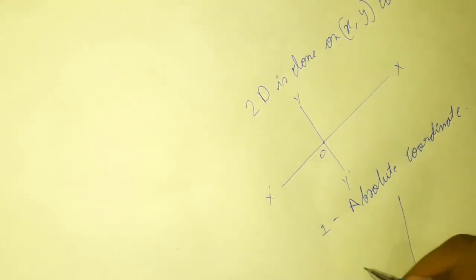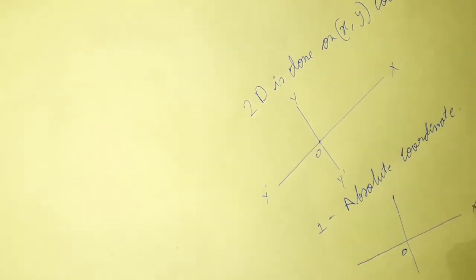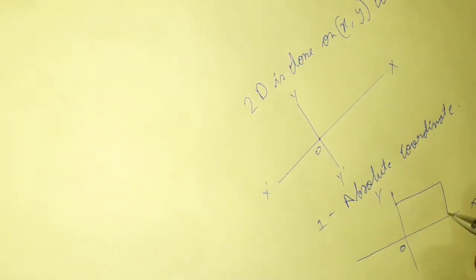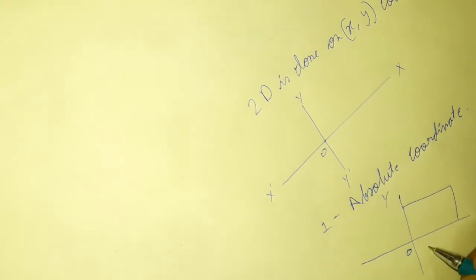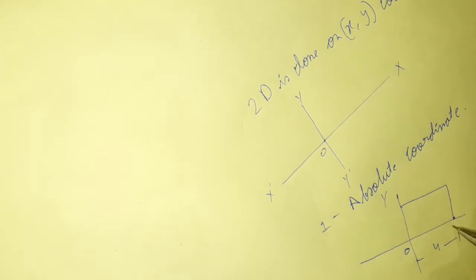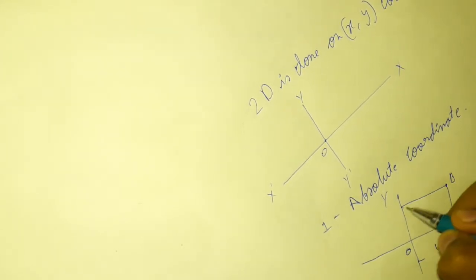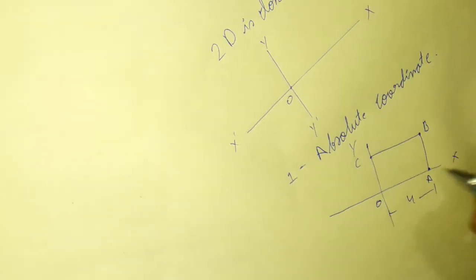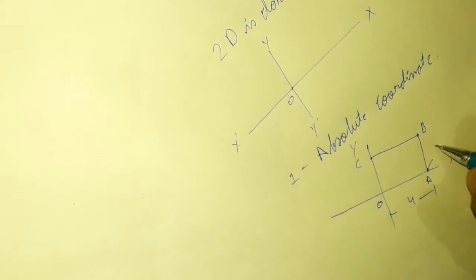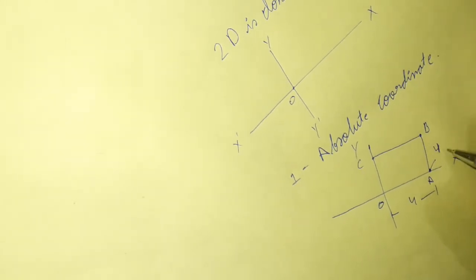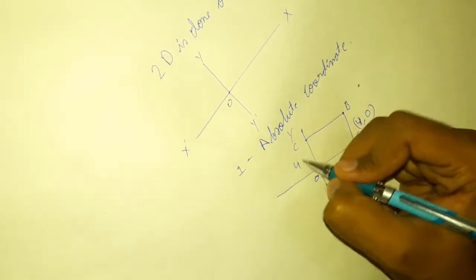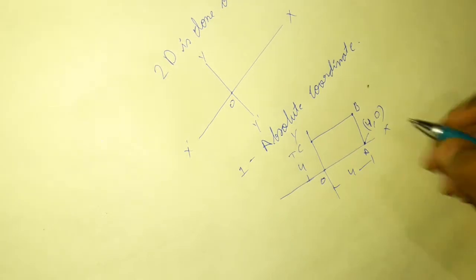Take an example. Here is our plane, X, Y. Here is the distance 4. So what was the point A, considering B, C? What was the coordinate for the point A? That is 4, 0, and this is our 4 also.